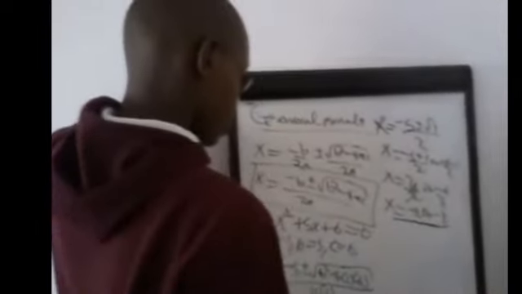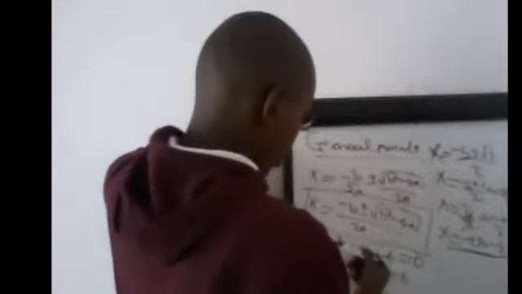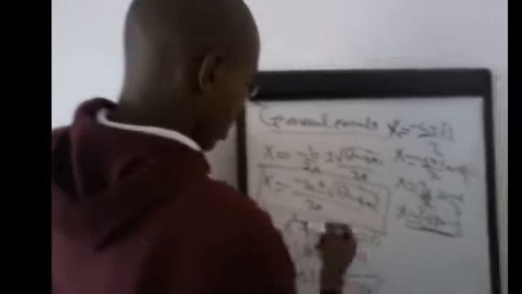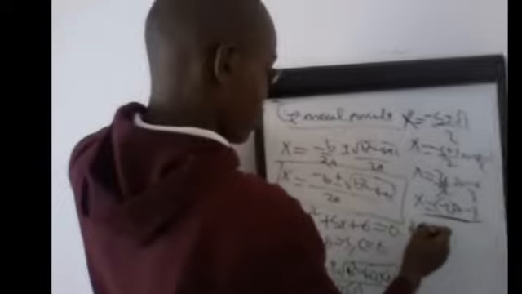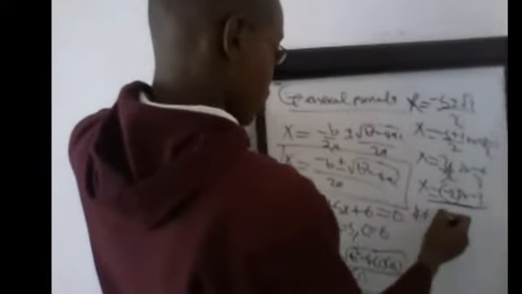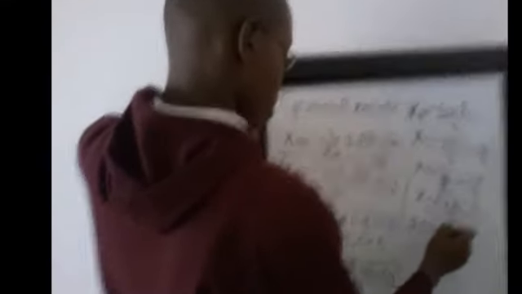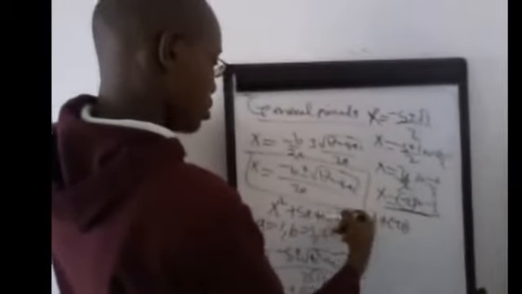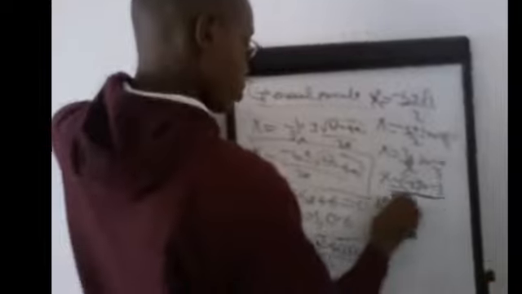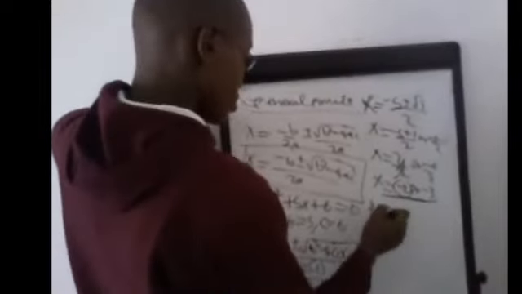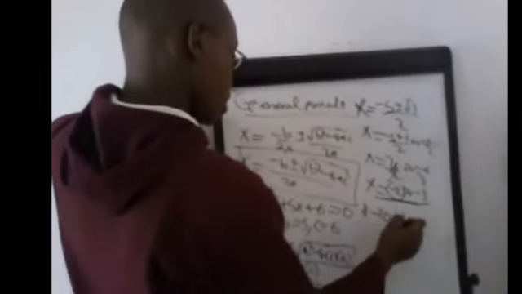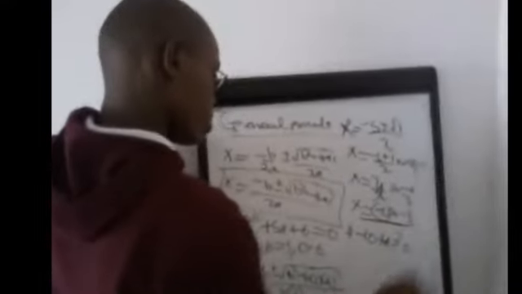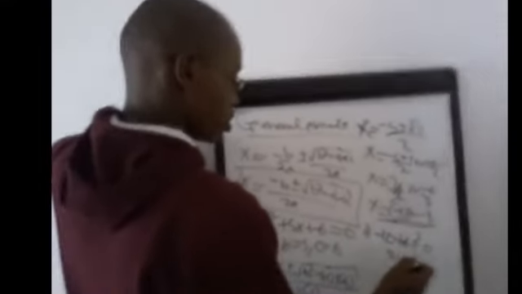So this is it. And if we prove it, let's take negative 2. Negative 2 times negative 2, we get 4, plus negative 2 times 5, we get minus 10, plus 6 equals 0. 0 equals 0. So the answer is correct.